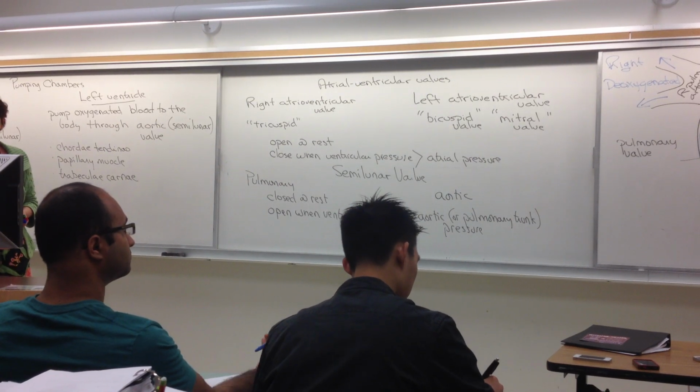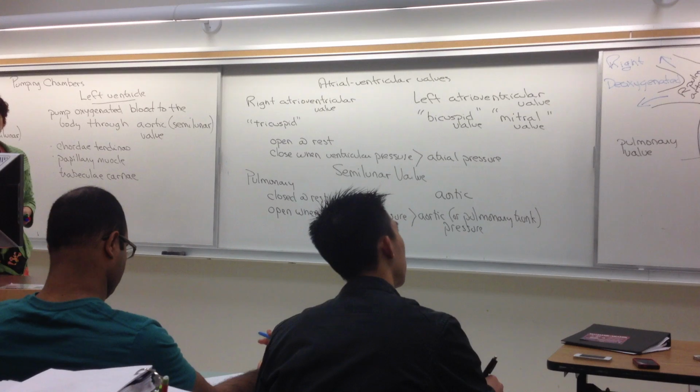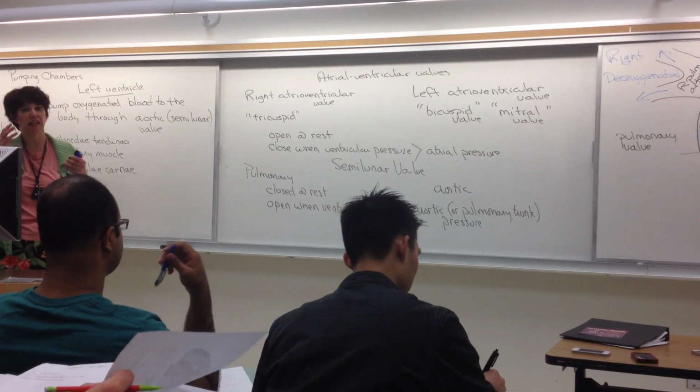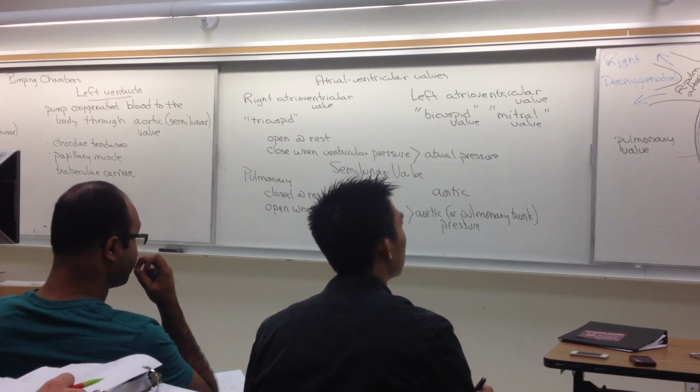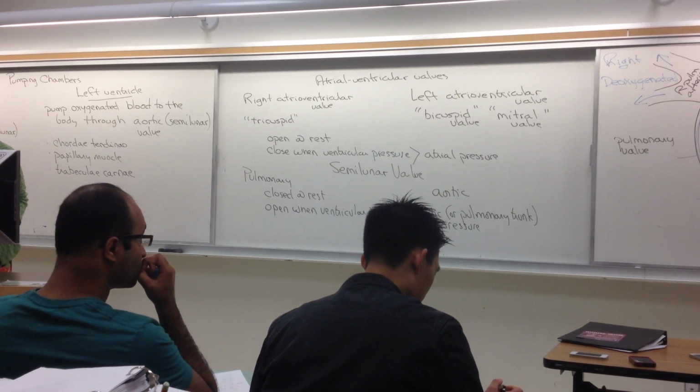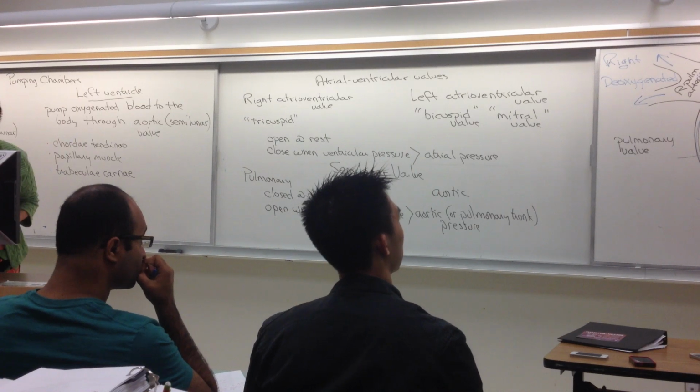All right, now I want to show some images of the heart that are a little bit more three-dimensional than I can take the time to draw. And then, of course, obviously we have the models in the lab for us to look at.